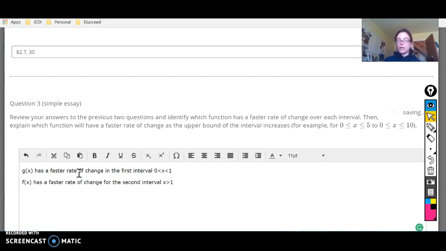And so as x increases, f of x is going to continue to have a much higher rate of change.